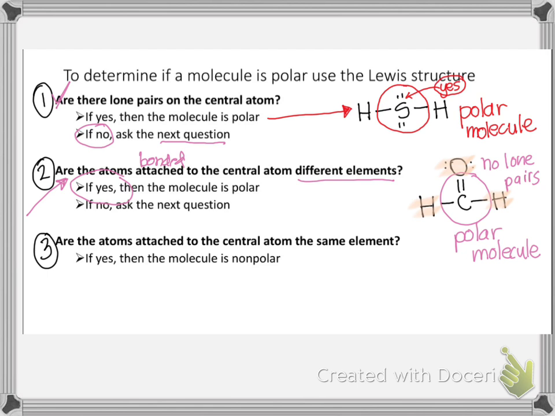And remember, polar just means that the electron cloud in the molecule is uneven or unequal. Okay, so that would be an example that fits a yes to question 2. So now let's look at a yes to question 3.